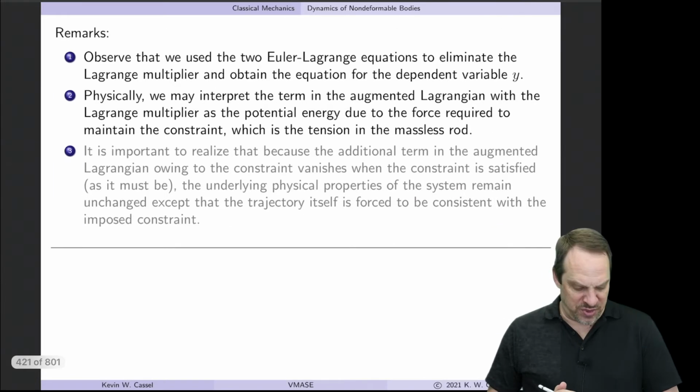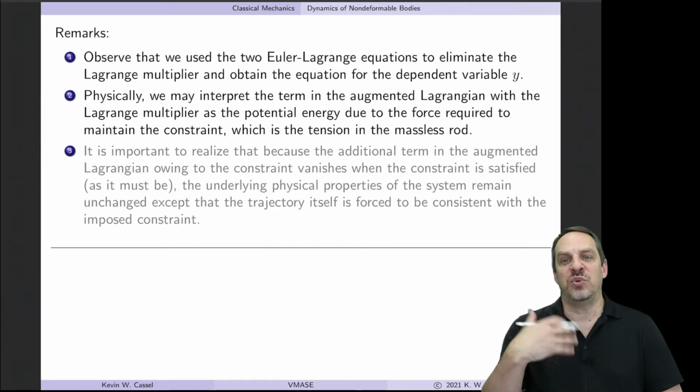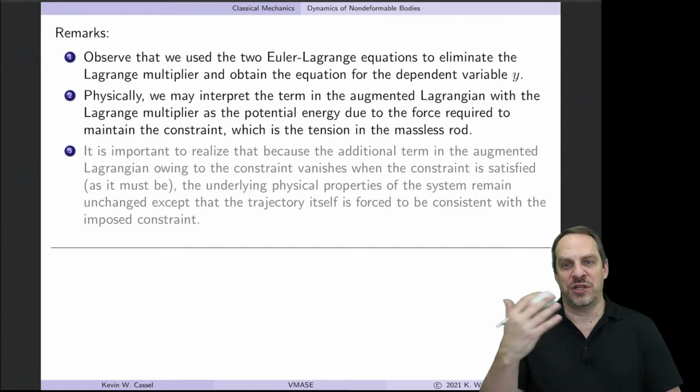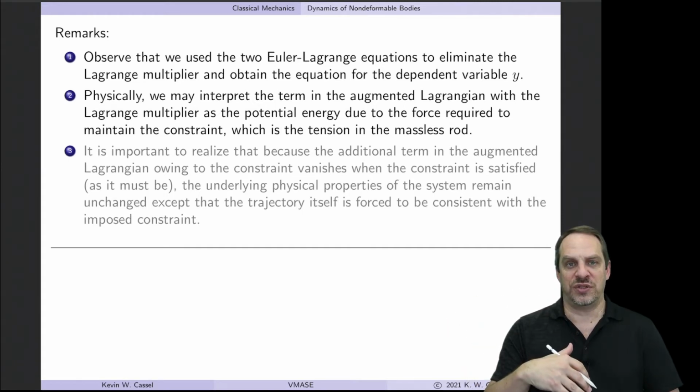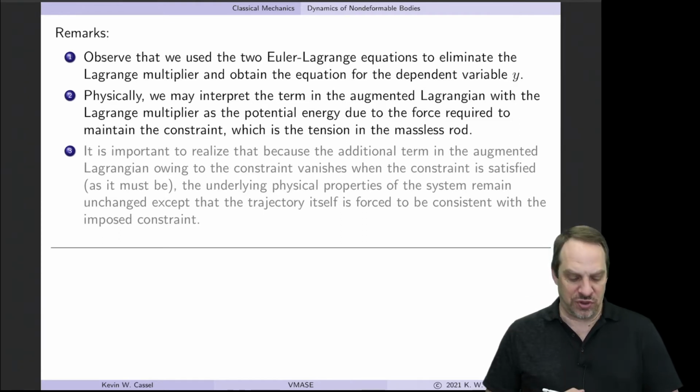So let me make a few comments before we do another example. In this case, you'll notice we had two Euler-Lagrange equations because we had the two variables, and then we eliminated the extra variables using those Euler-Lagrange equations rather than eliminating the additional variables before getting the Euler-Lagrange equations, as we did previously by substituting the constraint directly into the Lagrangian.